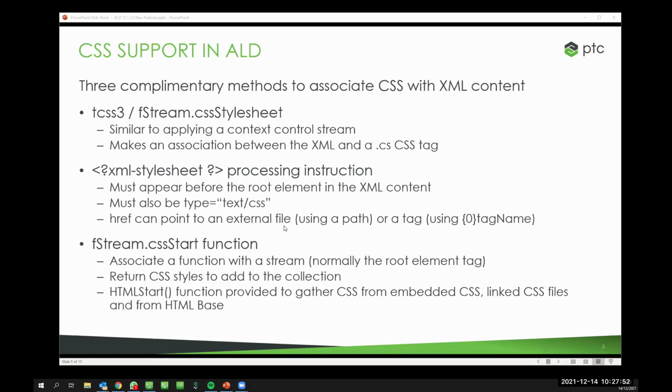And then the third way is a stream function which can be used to pick up a load of CSS definitions in a number of different places, collect them all together into one big place, and then let ALD apply it. We provide a sample function for doing this with HTML, and we provide some examples of how you would use that to associate CSS with HTML if you want to format HTML in Layout Developer.